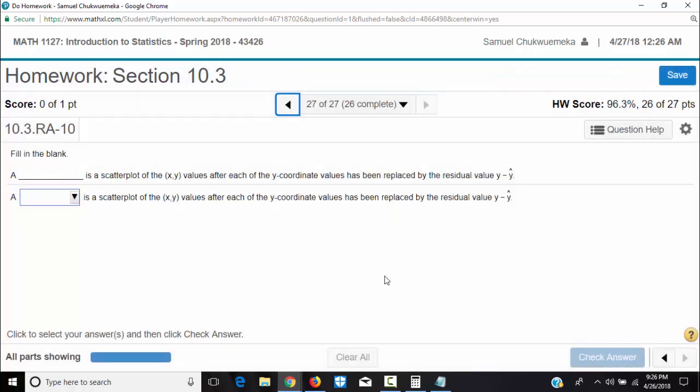Question 27. A dash is a scatter plot of the xy values after each of the y coordinate values has been replaced by the residual value, observed y minus predicted y. You know, this y hat is the predicted y. That's a residual plot.